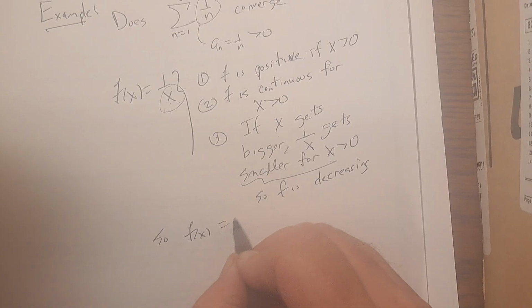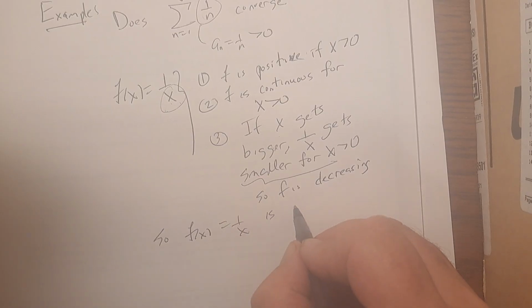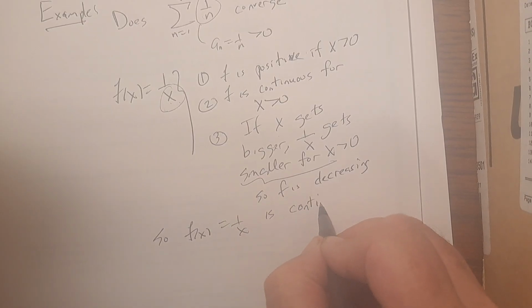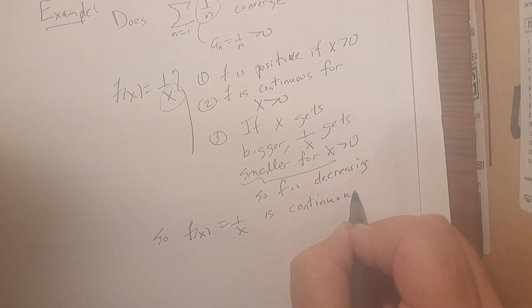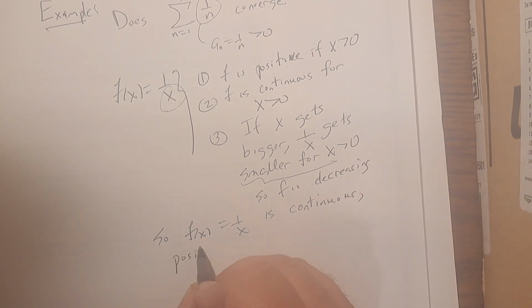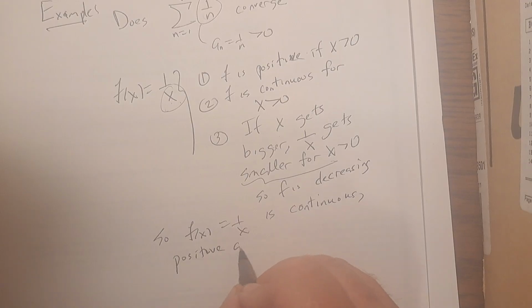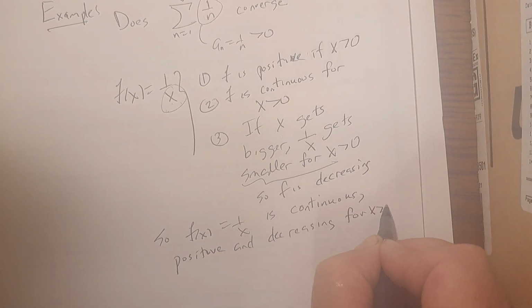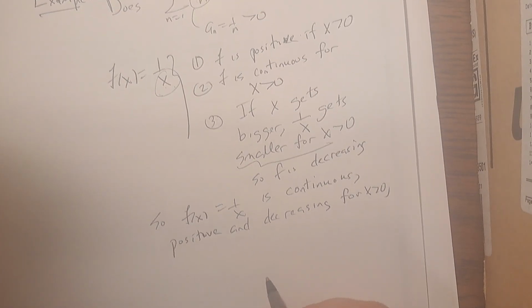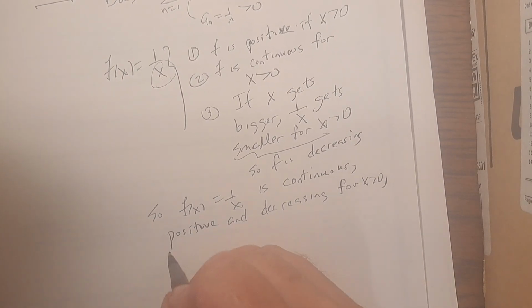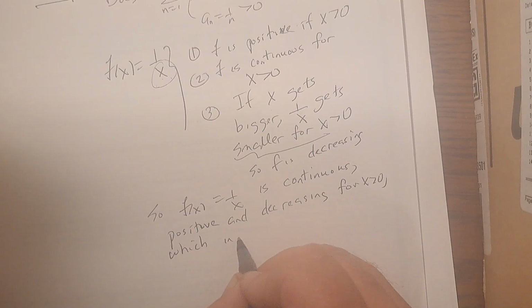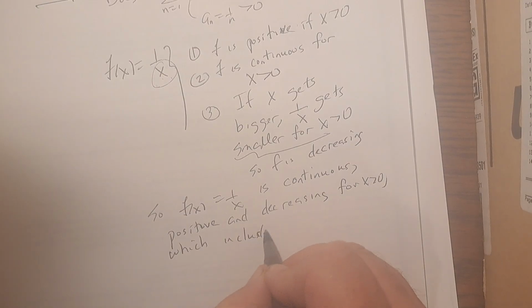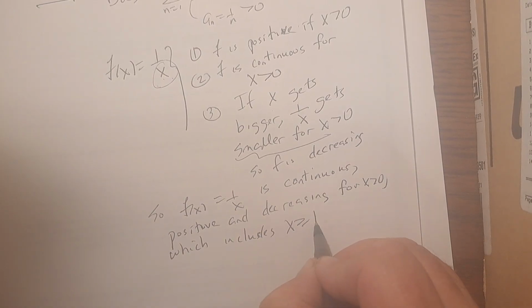So f of x, which is 1 over x, is continuous, positive, and decreasing for x greater than 0. X greater than 0, that would include x greater than or equal to 1.